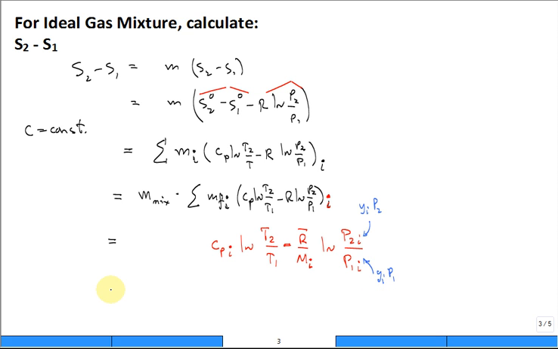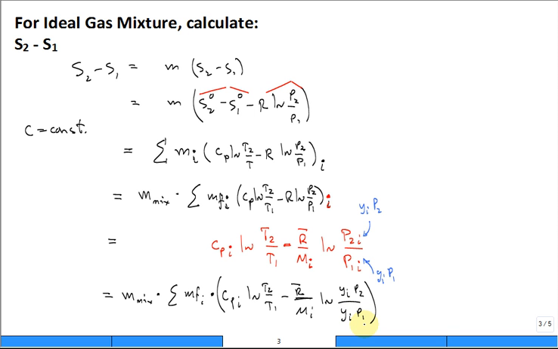So the equation will become the mass of the mixture times the sum of the mass fractions for each component times the specific heat for that component times the natural log of T2 over T1 minus the universal gas constant divided by the molar mass for that component, times the natural log, and this is where yi P2 divided by yi P1 come into play.